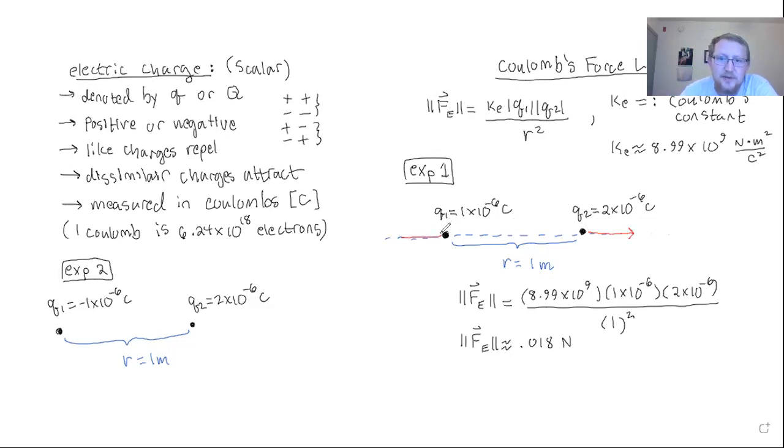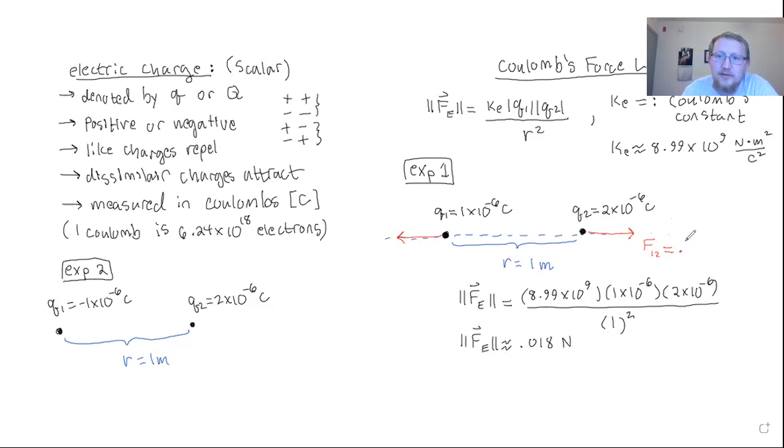There's a force that's attempting to push Q1 this way. And thanks to Newton's third law, we know that these forces are equal and opposite. And there's a little index system that we're going to use. We're going to call this F sub 1, 2. That indicates that this is the force that charge 1 is applying on charge 2.